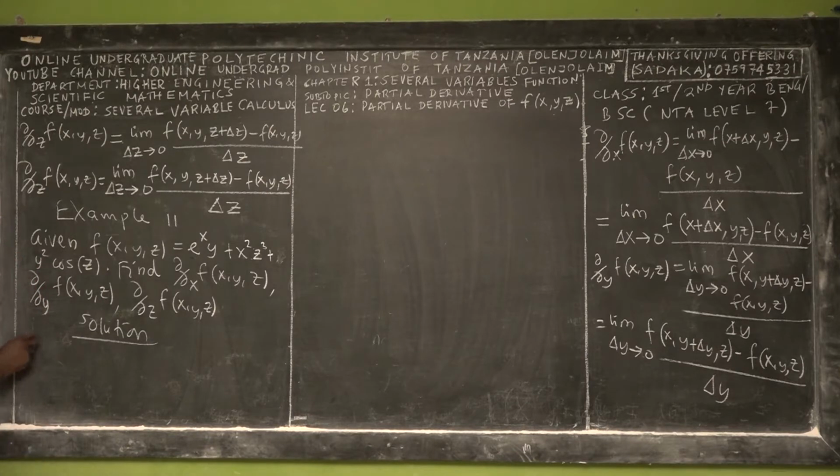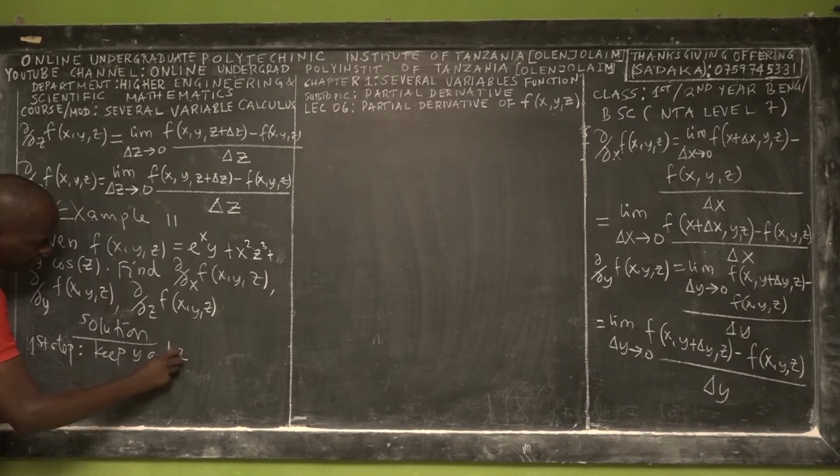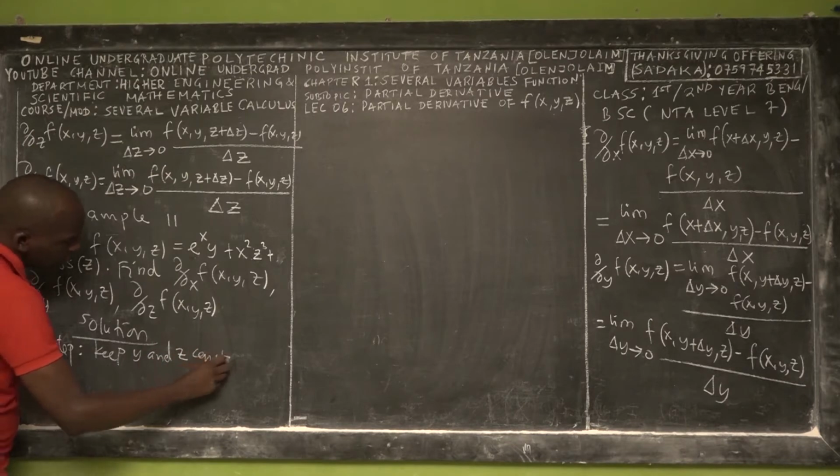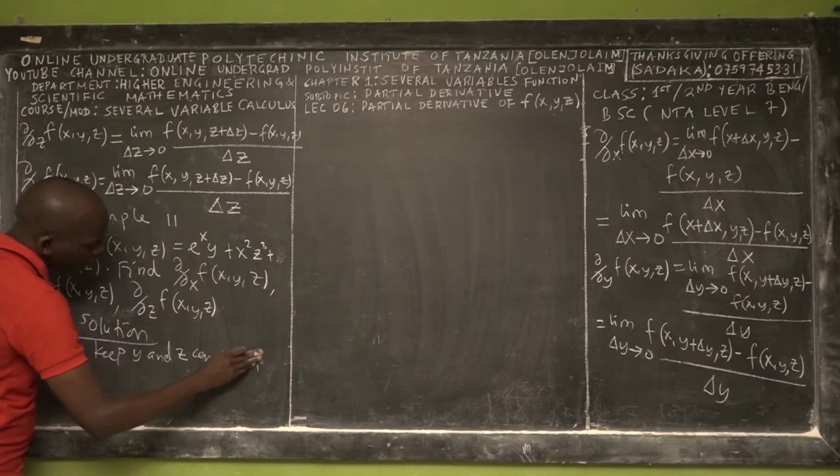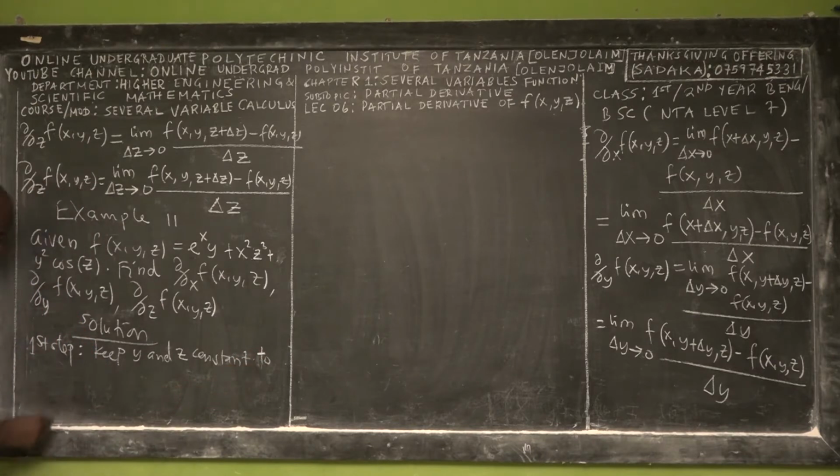The first stage is to keep y and z constant to find the partial derivative with respect to x of f of x, y, z.